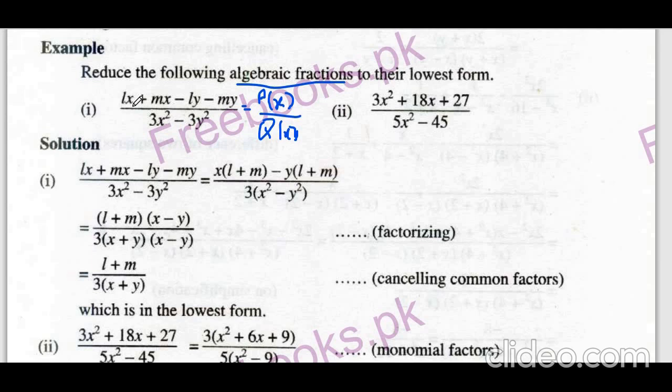Take x common from this and this, then we get x into l plus m. Take y common, minus and minus, both terms have minus and y is common, minus y into l plus m. Now we can take 3 common from these two terms in the denominator, then it becomes 3 into x square minus y square. Clear?